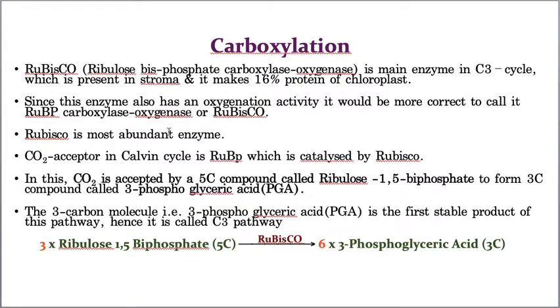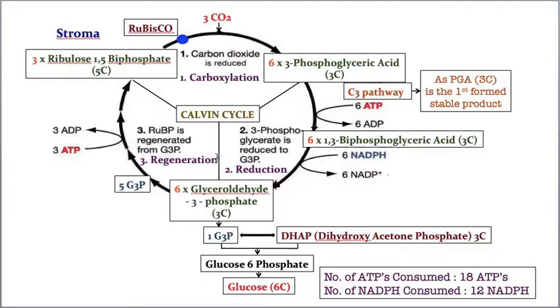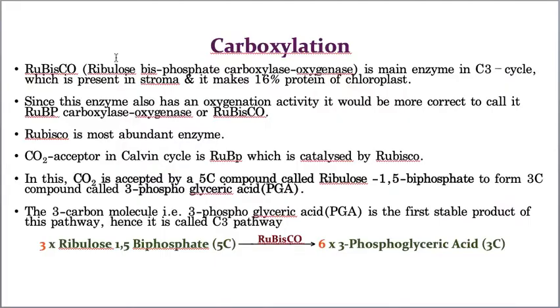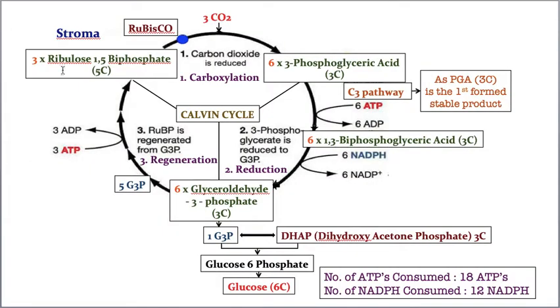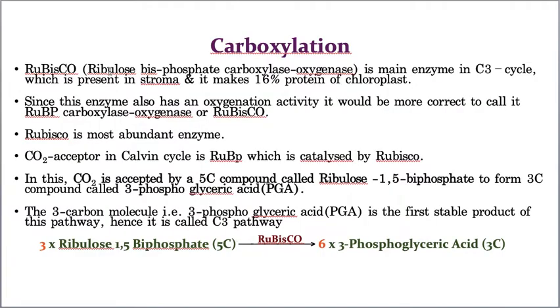Now the carbon dioxide acceptor in the Calvin cycle is RuBP. That only I told you: the carbon dioxides come into the stroma and react with RuBPs. You can see it clearly. Here I am showing it in a cyclic manner, and now I am showing it in sentence form, so please don't get confused.